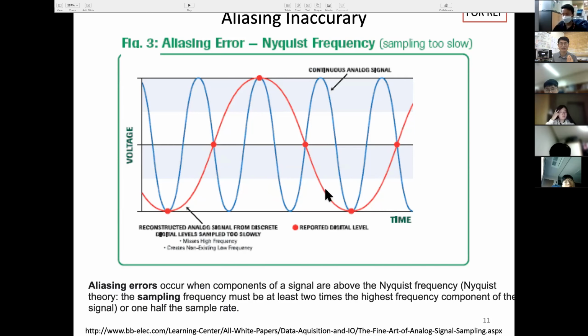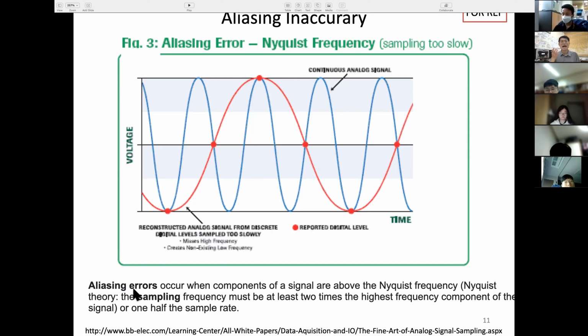How can you reconstruct the signal using a sinusoid? It comes only from these red ones. And you compare the period of the blue and the red one. The red one's period goes from here to here. During that time, the blue one's 1, 2, 3 periods have passed. So you are already 3 times off the frequency of the signal, which is completely wrong. And that we call aliasing error.